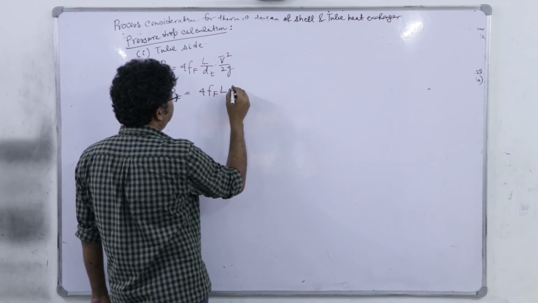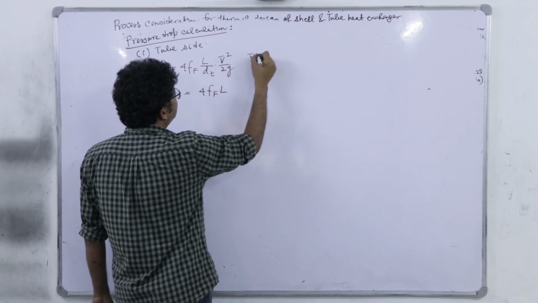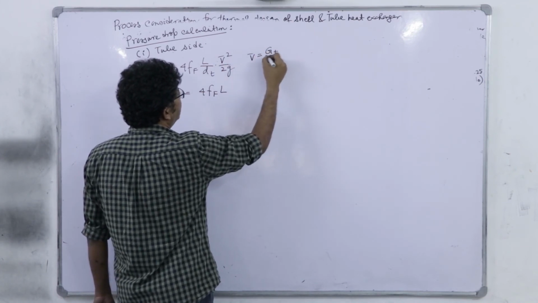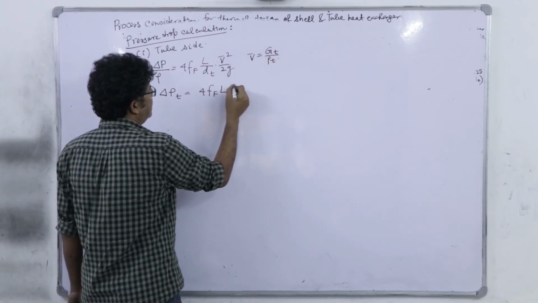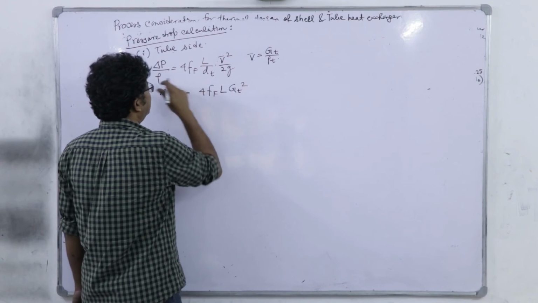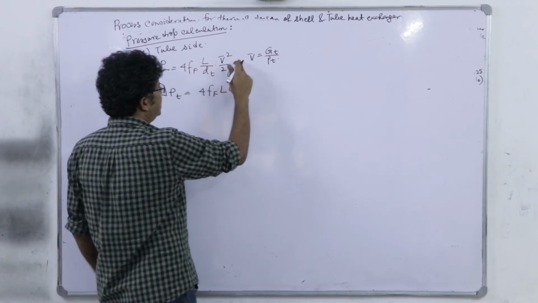L is the tube length, and this V bar we can replace as G_T, the mass velocity through the tube, by rho_T, right. So, it is all the same basically, G_T square, and rho will be cross multiplied here.